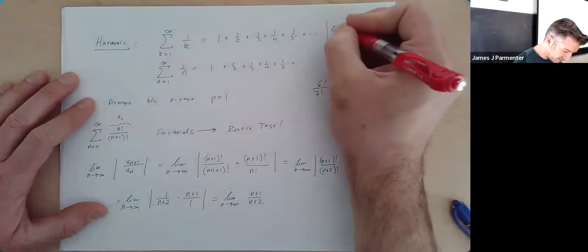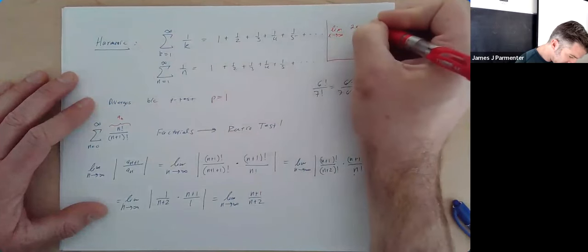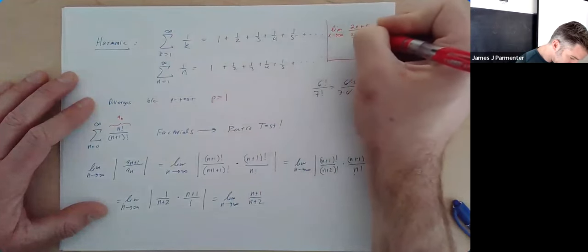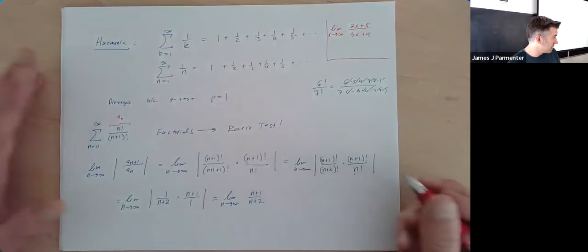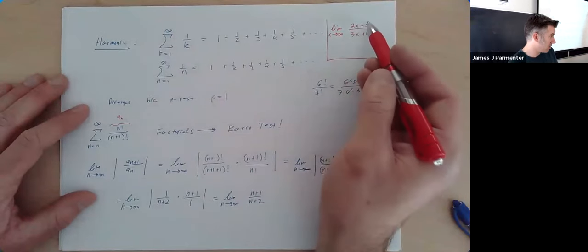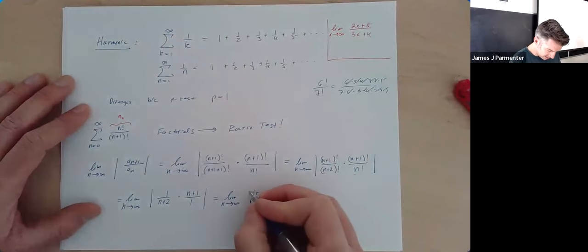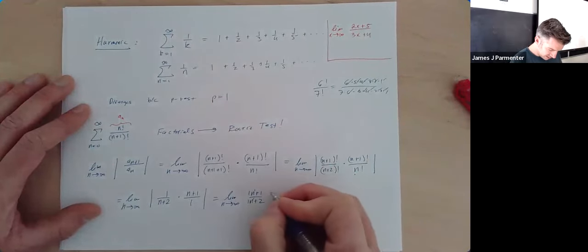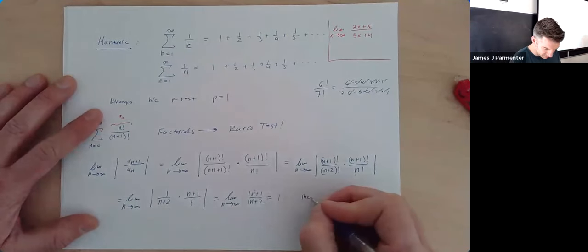If I said what's the limit as x goes to infinity of 2x plus 5 over 3x plus 4, it's 2/3 because the leading coefficients are coefficients of powers of x that are the same power. The degree is the same. So when the degree is the same, the limit is the fraction of those leading coefficients. But 1 is the one answer we don't want because that is inconclusive.